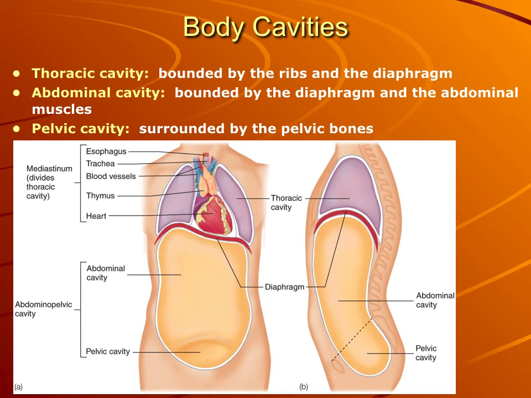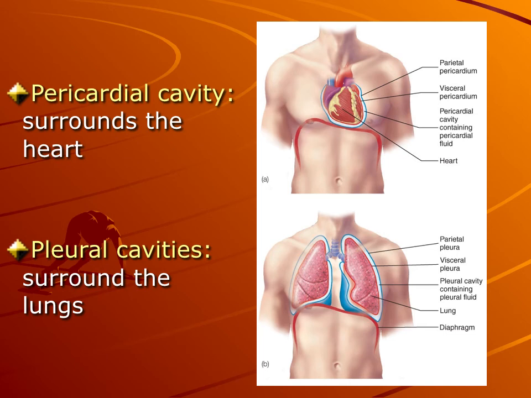We have dorsal cavities that include the cranial cavity and the vertebral canal. And these cavities are sometimes subdivided. And so, like the thoracic cavity has a space within it that holds the heart. That's the pericardial cavity. And then surrounding that are spaces that hold the lungs, the pleural cavities.